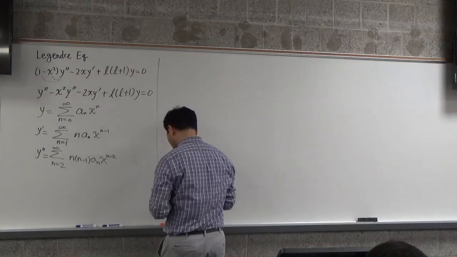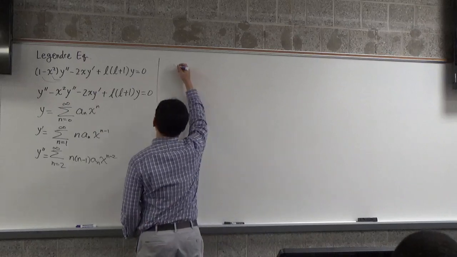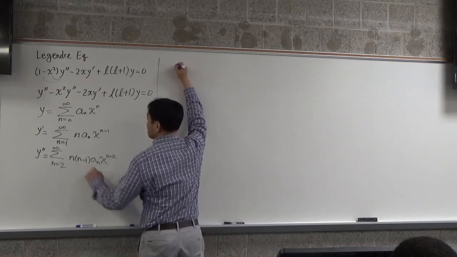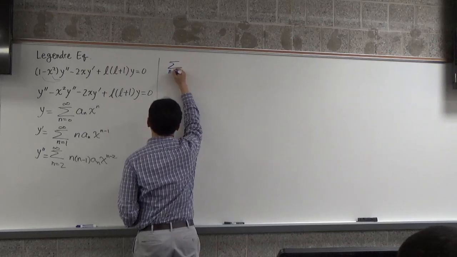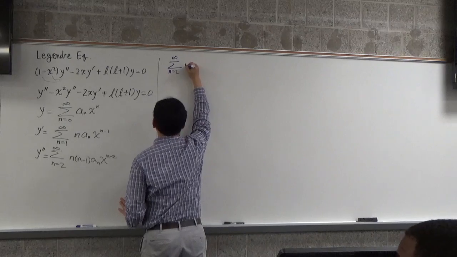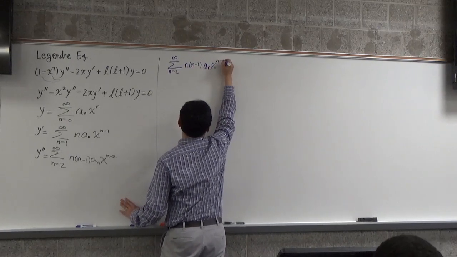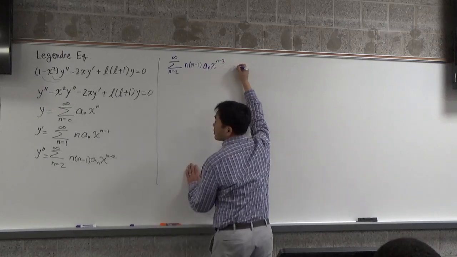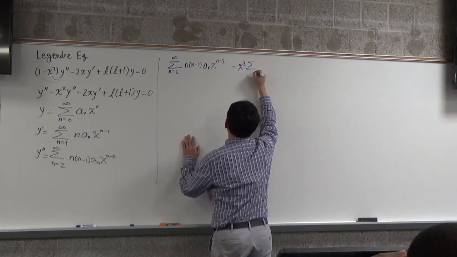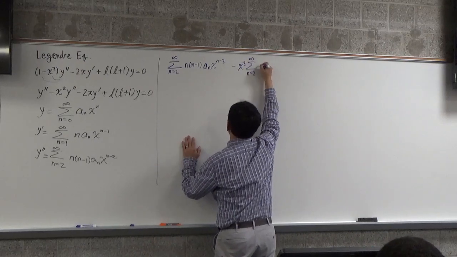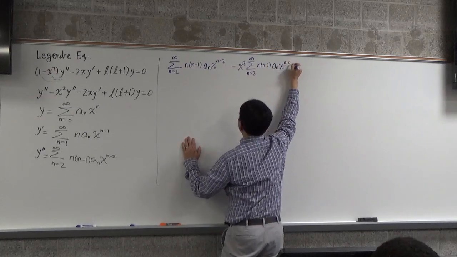And the result is that you have y double prime as the sum from n equals 2 to infinity of n times (n minus 1) a_n x to the n minus 2, then minus x squared times again y double prime, so n goes from 2 to infinity of n(n minus 1) a_n x to the n minus 2.